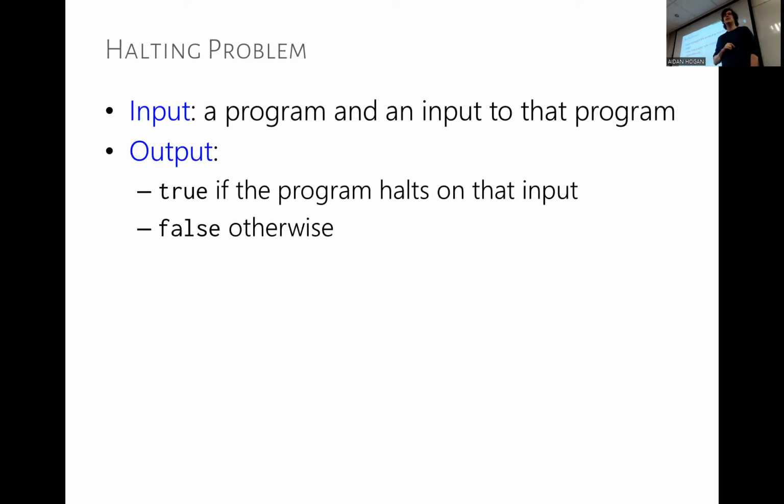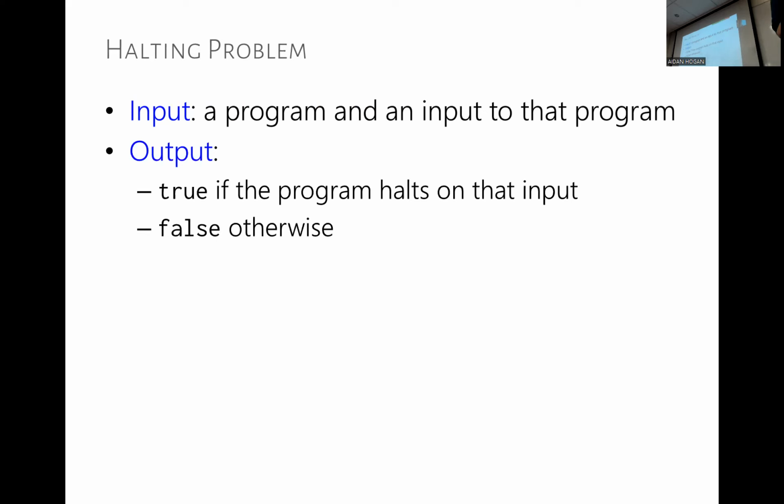So you're given some program, some C++ code, let's say, and you have to develop some other program, also in C++, that should take any C++ program and say whether or not it will halt on any of the valid inputs for that program. Is that possible?